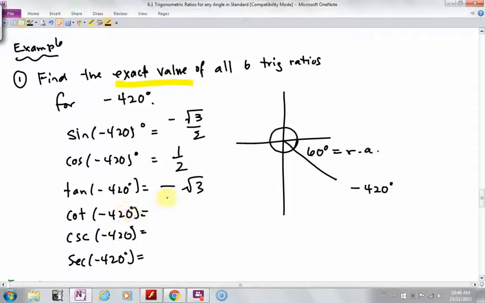Cotan is 1 over negative root 3, so that's negative 1 over root 3. Cosecant is the reciprocal of what? Sine, so the reciprocal of that is negative 2 over root 3. And secant is the reciprocal of cosine, so secant of negative 420 is 2.